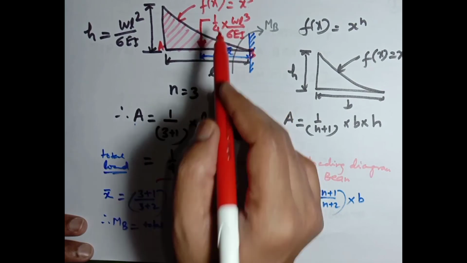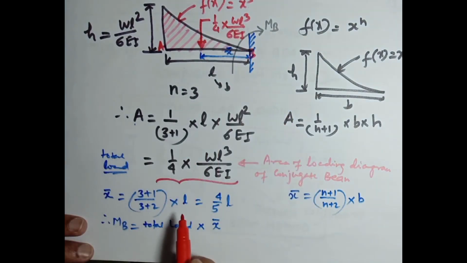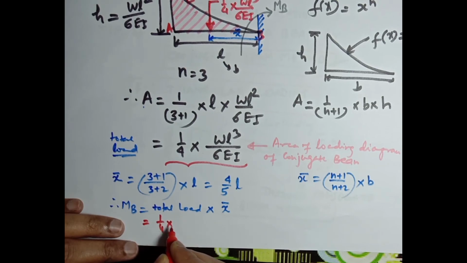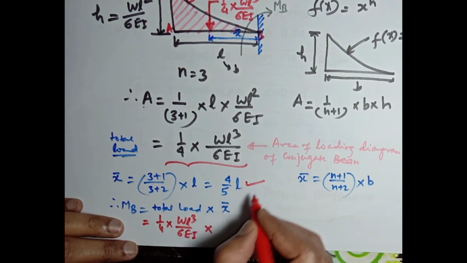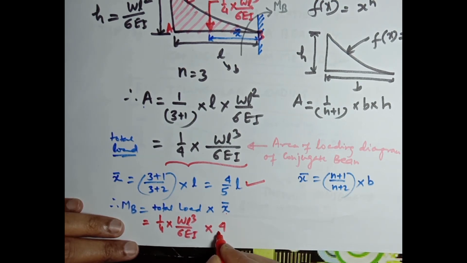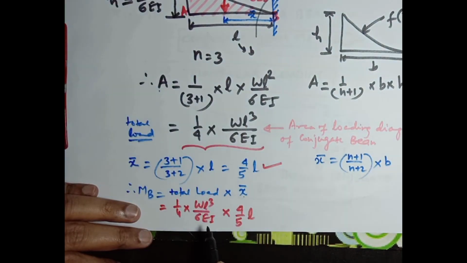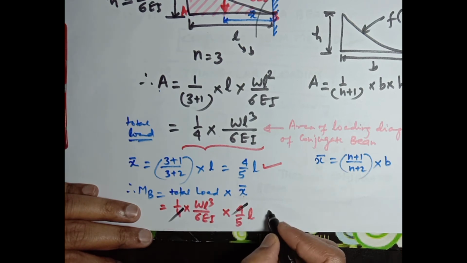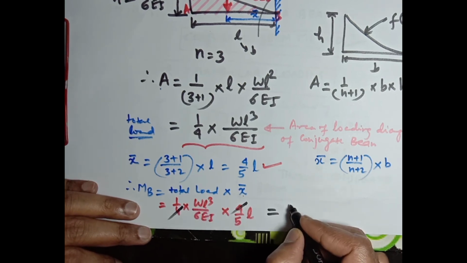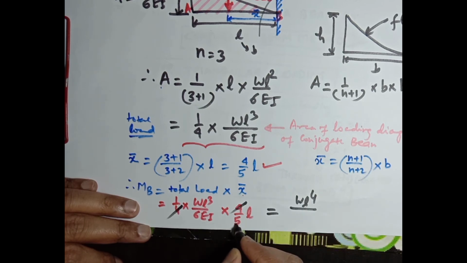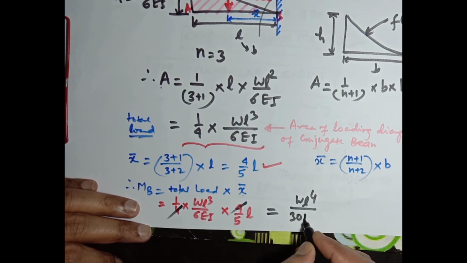The total load is 1 divided by 4 into WL cube divided by 6EI, multiplying with this centroid, x bar, 4 divided by 5 L. We can cancel out 4. Now it will be WL to the power 4 divided by 6 multiplying 5, which gives 30EI.